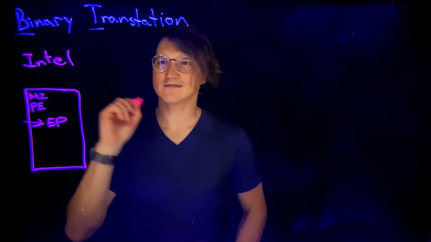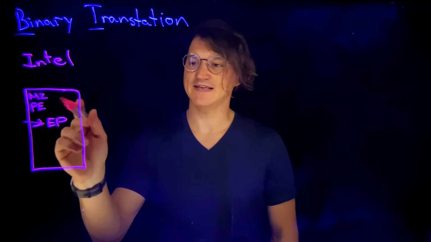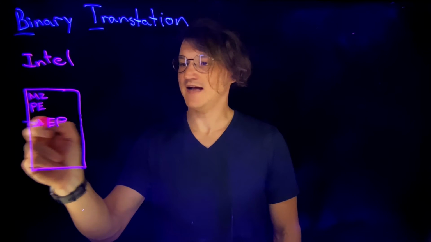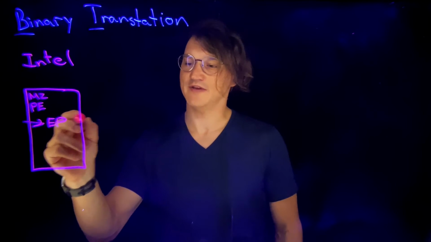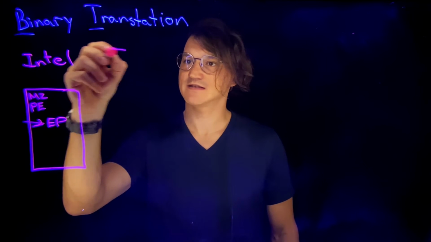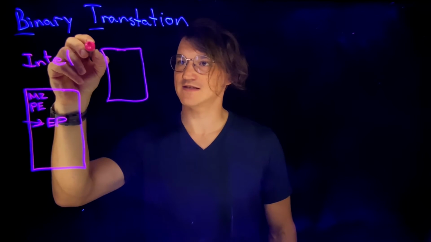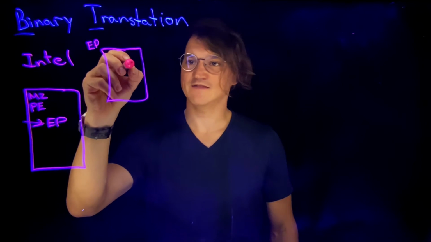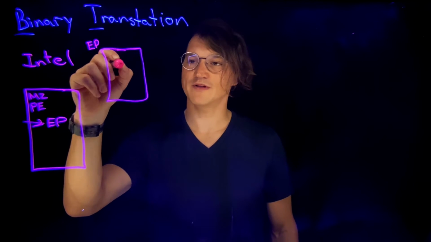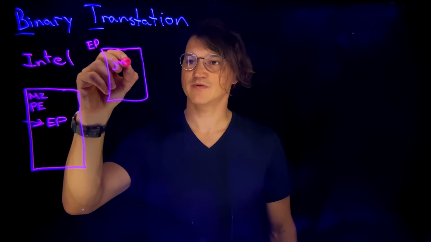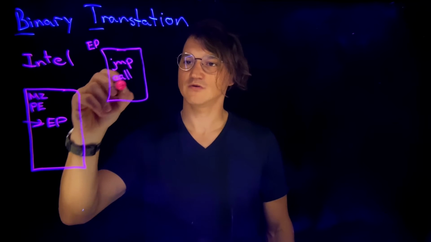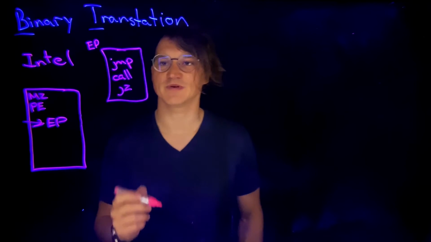So when binary translation, and specifically dynamic binary translation, happens, the analyzer starts to analyze code from the entry point, and it finds the first function, right? That's the entry point. Then it searches for all the branching instructions like jump, or call, or conditional jump, and so on, right?